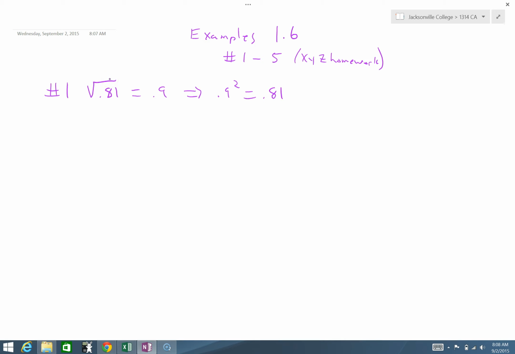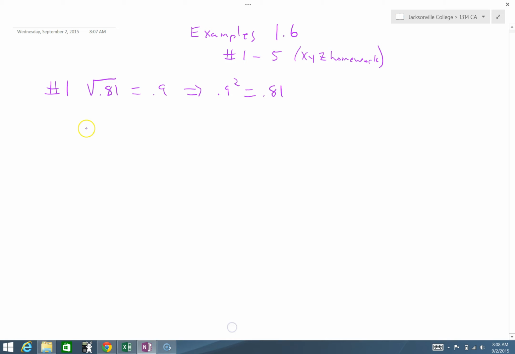All right, another one like number 1 may look like this. It may ask us for a cube root. Let's say the cube root of 27 a to the 12th. Now we want to know what number times itself 3 times yields 27. Well, that's going to be 3.